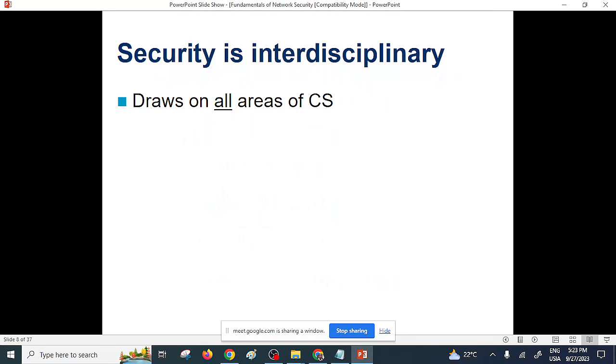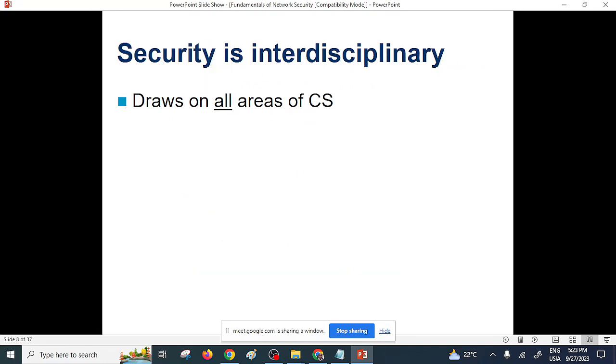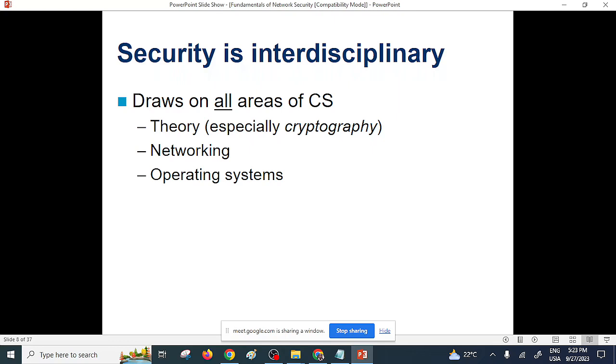So it cuts across different fields, right? As I'd mentioned, even if you're learning about cybersecurity, you need to look at information, network, and application. You also need to see how you can apply some secure measures, like the use of cryptography, which is really a set of encryption and decryption tools, networking, and operating systems.